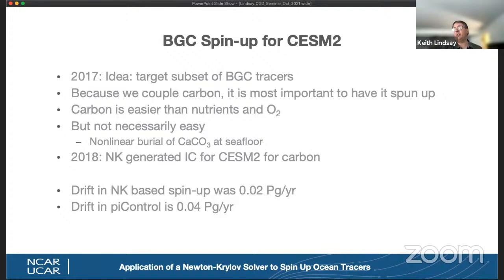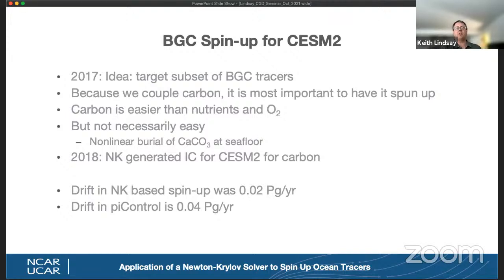Because we couple carbon in the ocean model to the rest of the system in this coupled carbon climate framework that I referred to on the very first slide, it's really important to have that spun up. You want to prioritize having the carbon pool spun up over, say, the nutrient pools or the oxygen pools. If you can't do them all, focus on carbon.